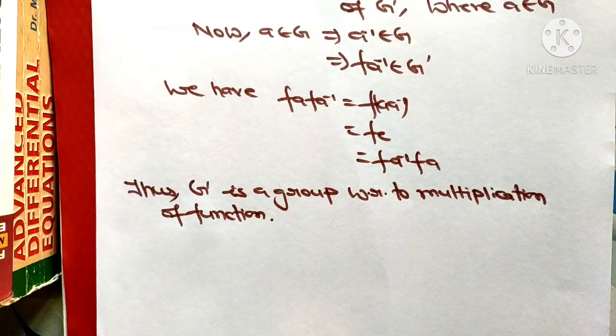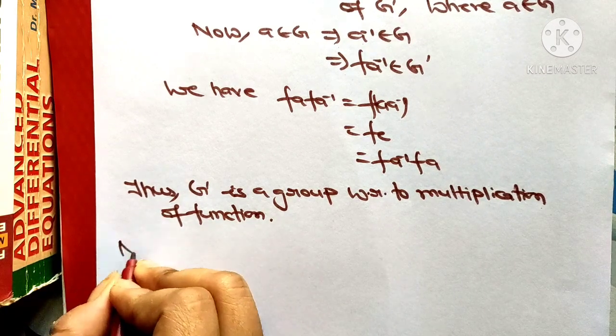Permutation group. So we just showed that G dash is a permutation group. Now we are going to prove that there is a mapping phi from G to G dash, and we have to prove it is isomorphic. To prove isomorphism between two groups like G and G dash, we have to prove that it is 1-1, onto, and it preserves composition.